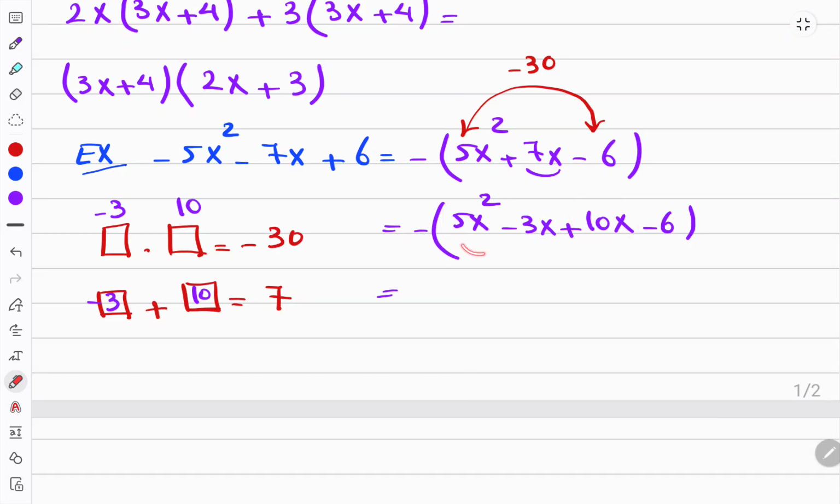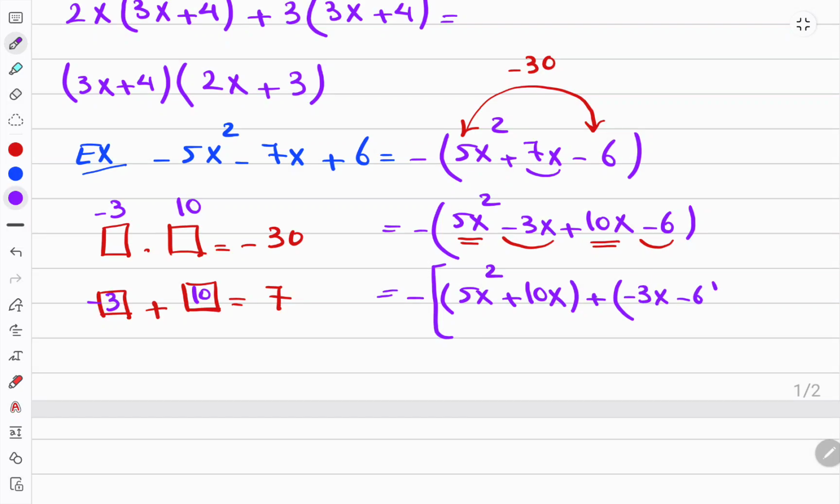You can group 5x squared and negative 3x, and your final answer would be the same. So I'm going to use these two for the first group. So minus 5x squared plus 10x for the first group, plus negative 3x and negative 6 for the second group.